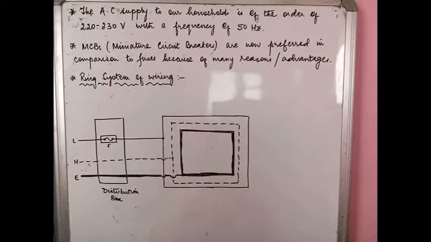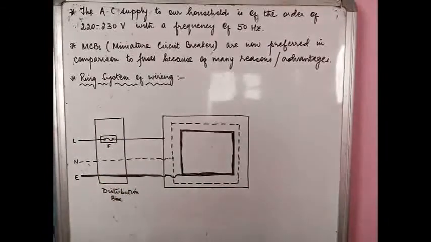Okay, so the purpose is the same as that of a fuse. Now what are the reasons why miniature circuit breakers are preferred with regards to fuses? It is because of a number of advantages. One primarily being the amount of money that is required. If a fuse is being used and it keeps getting burned down, then you have to keep on buying a new fuse wire or maybe a new fuse all the time, which can be avoided if you have a miniature circuit breaker, in which case there is only a tripping.